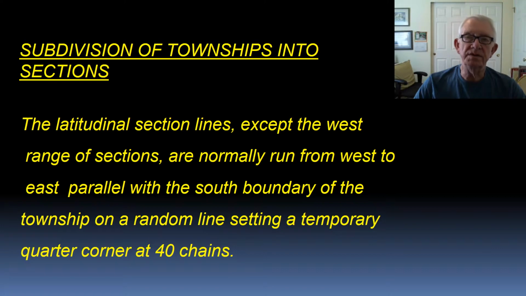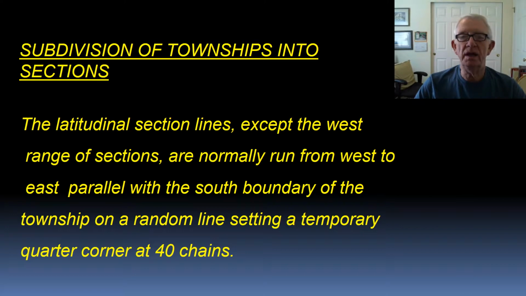Now, latitudinal section lines, that is the east-west section lines, are generally run from west to east, connecting to monuments that are already placed, except for the west range of sections, and we'll talk about those in a minute. What they do is go off on a temporary line, and they'll set a quarter corner at 40 chains.